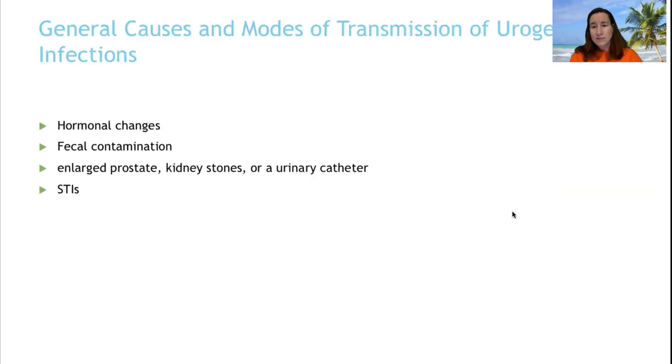CDC prefers STD. WHO prefers STI. Same thing. It's a sexually transmitted disease, sexually transmitted illness, gonorrhea, chlamydia, those kind of things, STIs. And those can definitely lead to reproductive issues, reproductive infections. So that's the anatomy part of chapter 23.